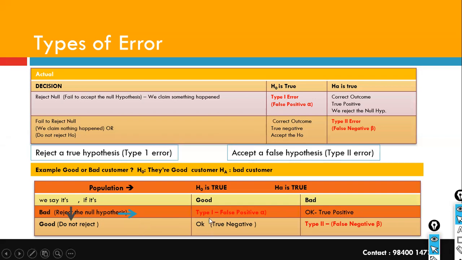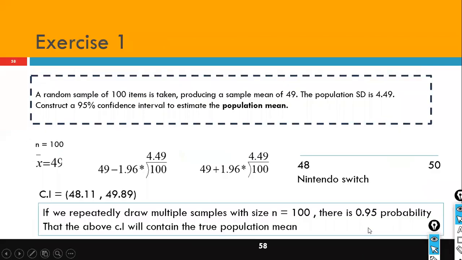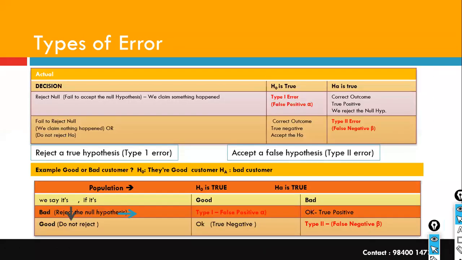And let's say a person is good, and as per your hypothesis testing also it is good, then it is okay. But whereas the person is actually bad, but your test says he is good, then that is called your false negative, type 2 error. Okay, got it?